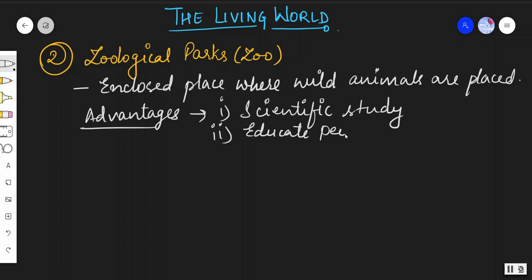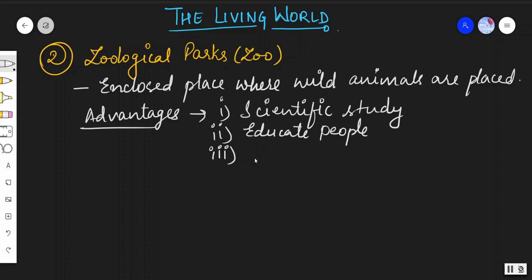People get educated, small children get educated, about how different animals look. People get to know more and more about these animals by reading the boards provided, full of information. People get amazed to know the behavior of the animals, their scientific name, their common name. These are the things through which people get educated about these animals.